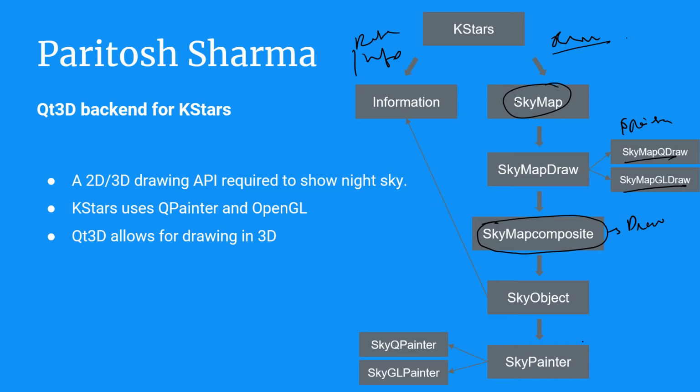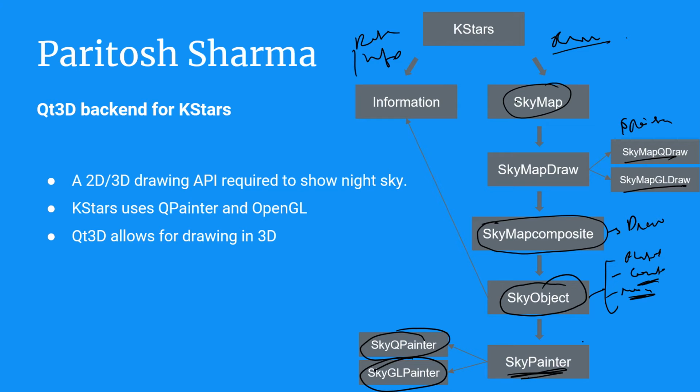This controls the draw calls for each sky object, and SkyObject is just a base class for everything. This includes planets and comets, moon, everything. The individual classes of these have the draw call, which could either utilize QPainter or OpenGL, and this has been served using a common interface, SkyPainter.